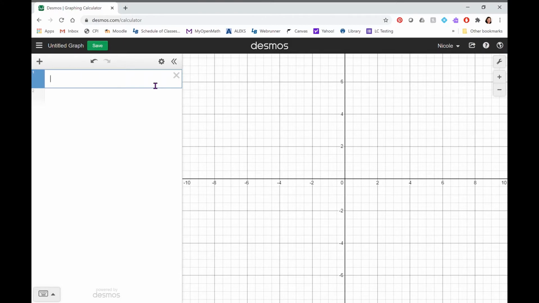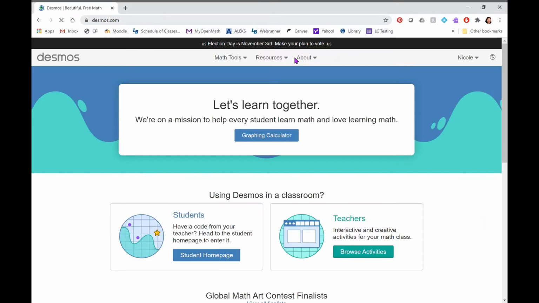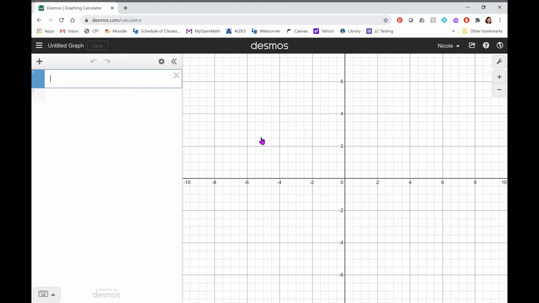All right, here we are in Desmos. To get here, go to desmos.com, and where it says Graphing Calculator, just click on Graphing Calculator. You can see I've logged in with my Google account, and I recommend you do that too to save graphs if you want to, but you don't have to. The first function we're going to graph is f of x equals the square root of x.